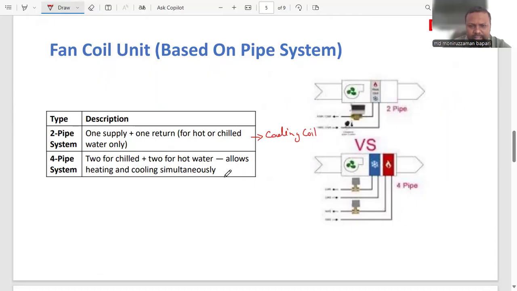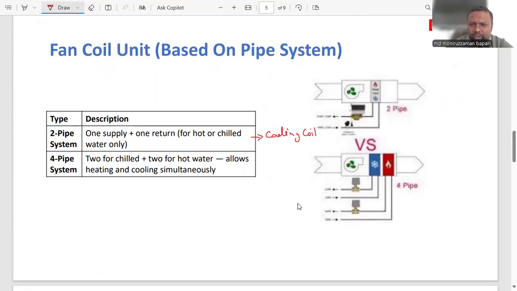And in case we have both cooling and heating requirements, we need both chilled water as well as hot water, or chilled refrigerant as well as hot refrigerant. So in that case, we have a four pipe arrangement like this one.